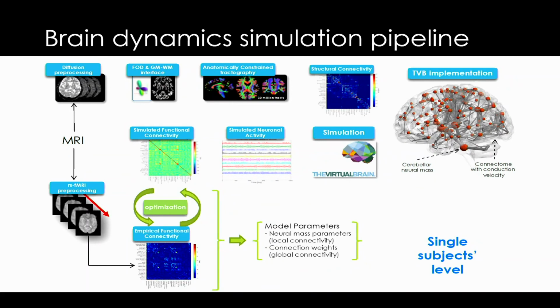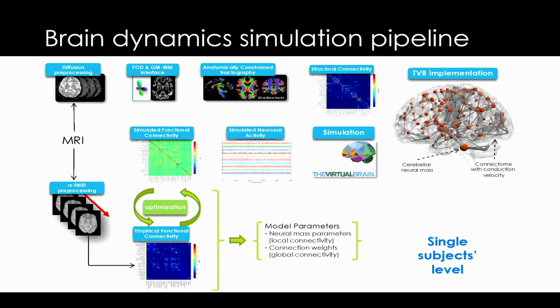Okay, here Egidio has already shown this slide. Here is reported the general pipeline of a macroscopic, whole brain dynamic simulation. We can see that there are several steps of preprocessing regarding diffusion and functional images. After that, we can define the whole-brain connectivity, and we can use this information inside TVB in order to simulate functional and neuronal activity.